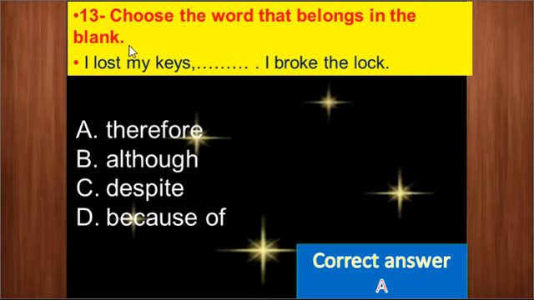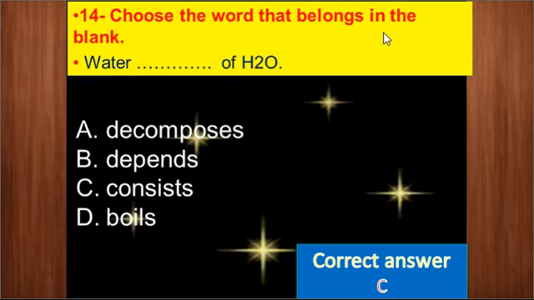Linking word again. I lost my keys, therefore I broke the lock. This linking word links a reason with an expected result. Here about present simple: water consists of H2O.